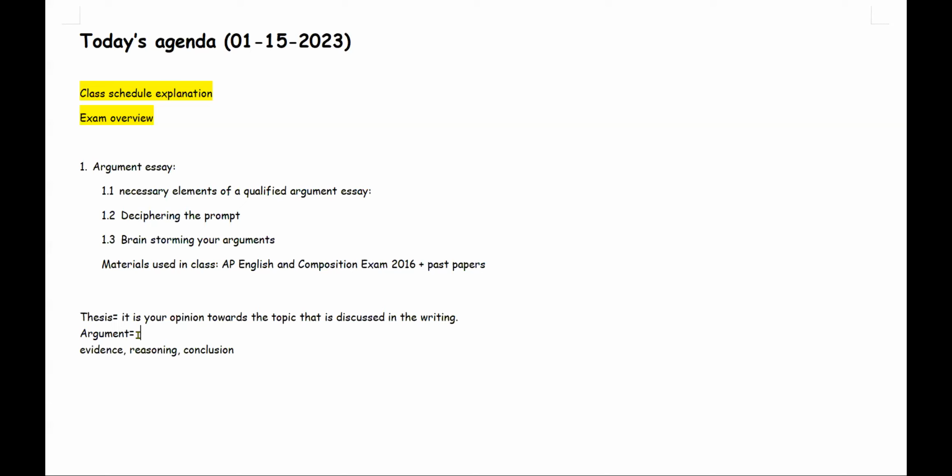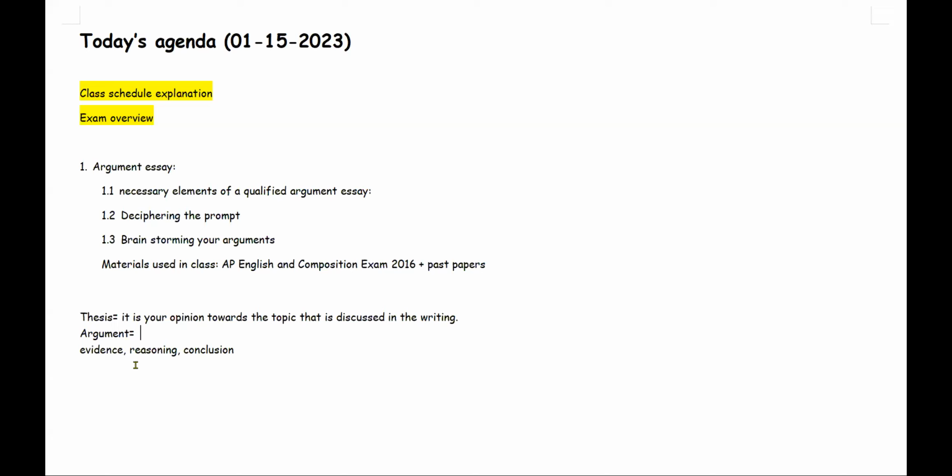Okay. If you made your thesis, that's your opinion. Now your argument is, you have to argue, you have to fight for your thesis. You need to defend your own thesis. Yes, so argument is kind of like your weapons. Basically, you need to explain why you believe so.